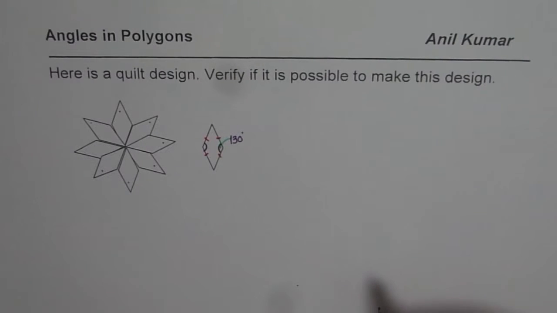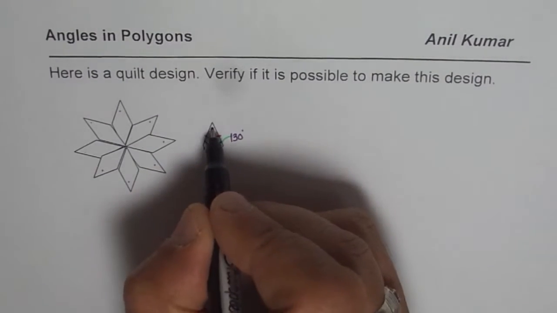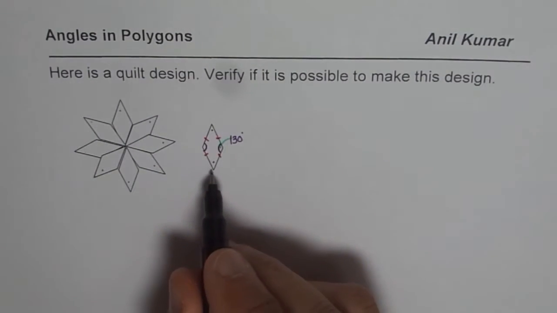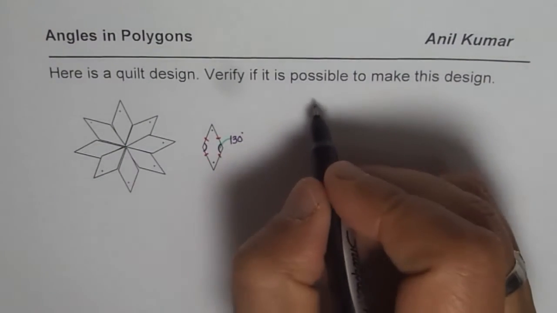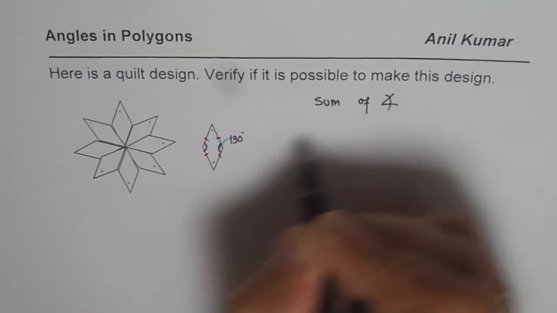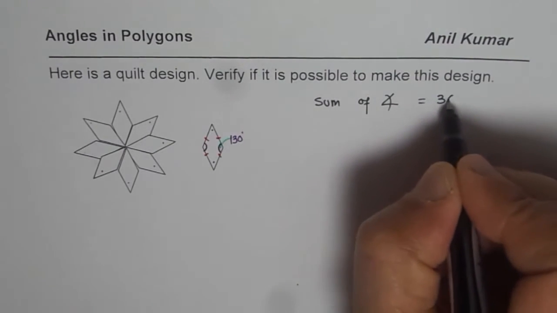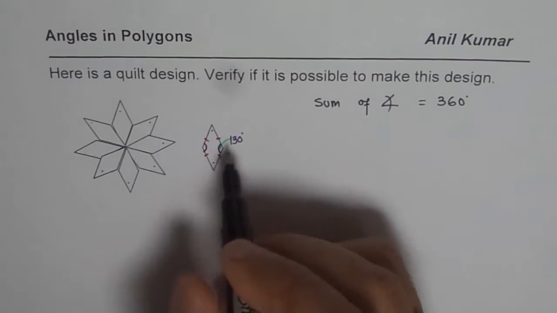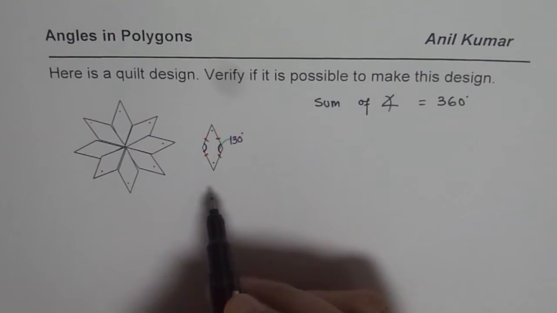Now my solution is that to verify we need to find what these angles are at the tips, the acute angles. Now we know that in a diamond the sum of angles is 360 degrees, right? A four-sided figure is equal to 360 degrees. And the opposite angles are equal since all the 4 sides are equal in this case.